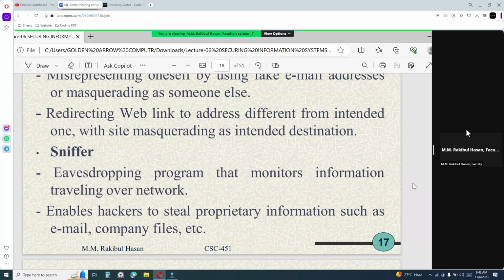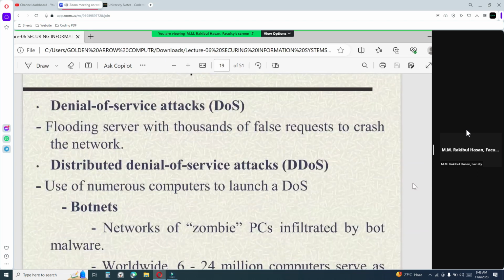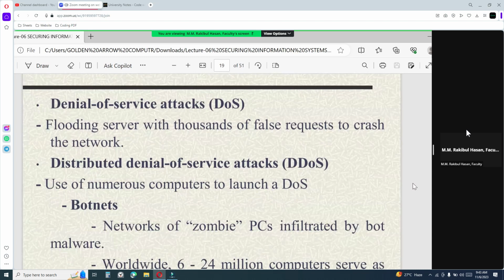Then the next one is denial of service or DOS attack. A DOS attack is nothing but a flood of false requests. In a DOS attack, a hacker sends a number of fake requests to a specific server.